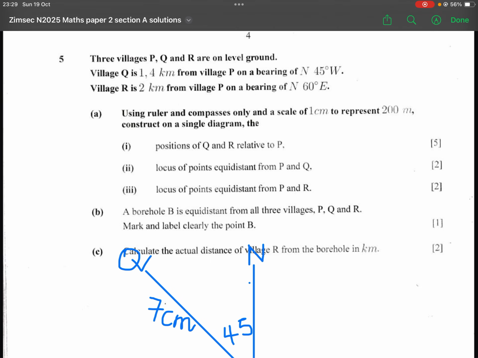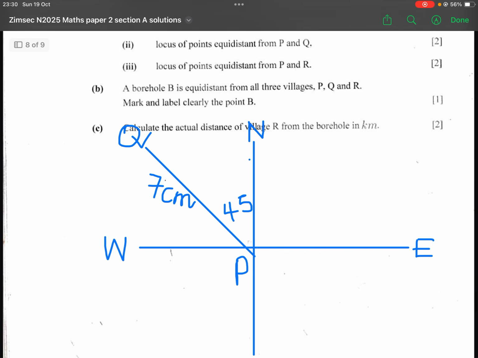Village R is 2 kilometers from village P on a bearing of north 60 degrees east. So it means that first of all, we need to look at the north. We measure 60 degrees towards the east, right? And this is 2 kilometers. So if we say 2000 divided by 200, we are going to have 10 centimeters. So after that, this is a sketch diagram.